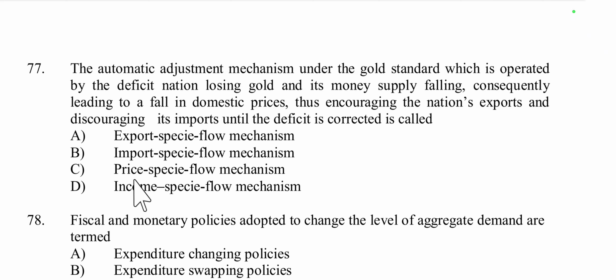No, this is also not correct. Price specie flow mechanism? Yes, this is the right answer. Price specie flow mechanism, because this concept was given by David Hume. This mechanism corrects trade imbalance via changes in gold flows, money supply and prices. So this is price specie flow mechanism, option C.